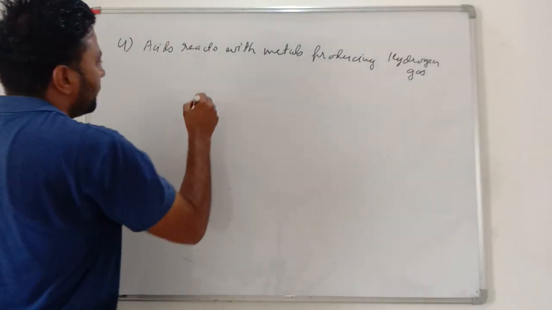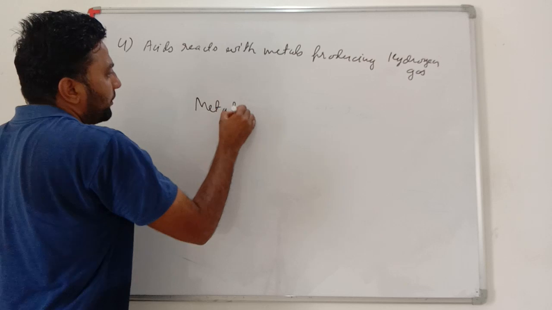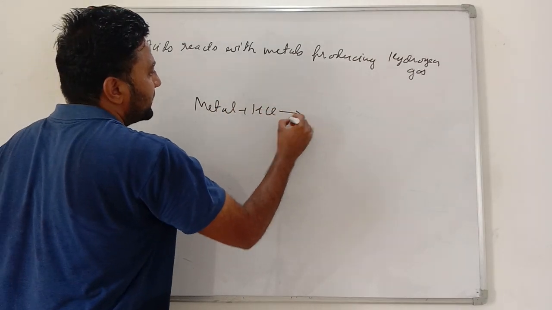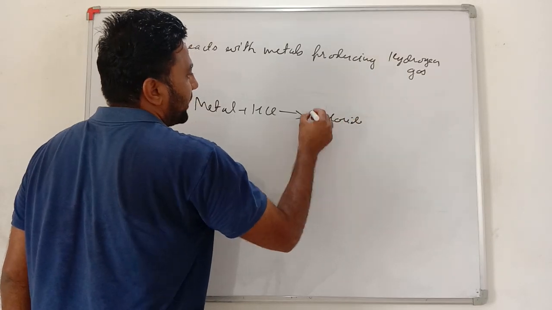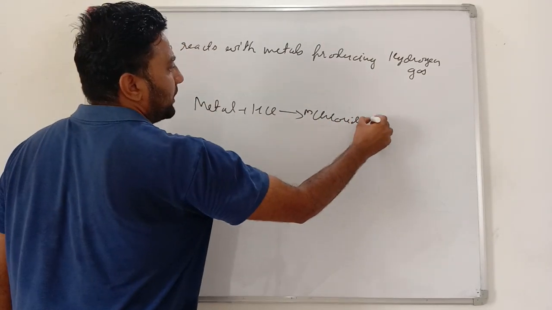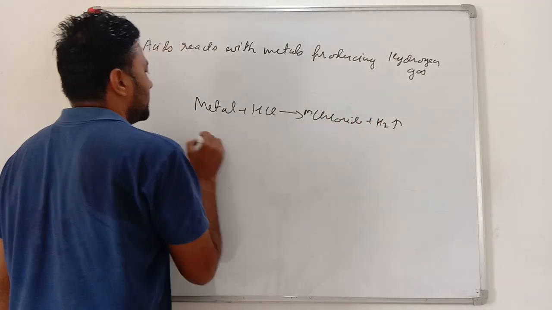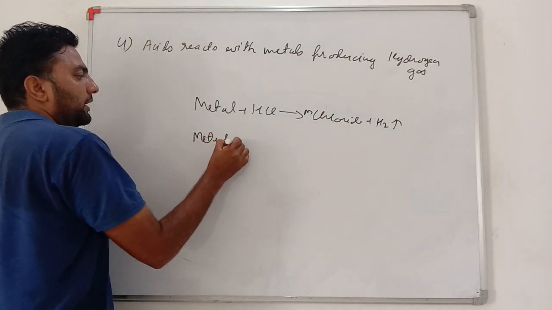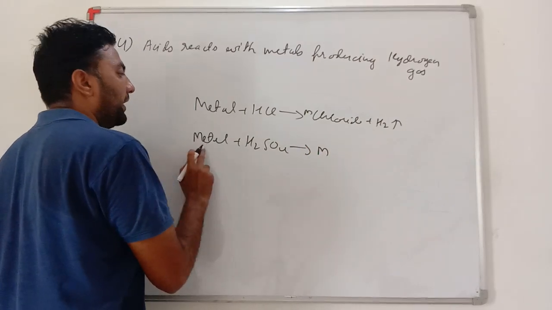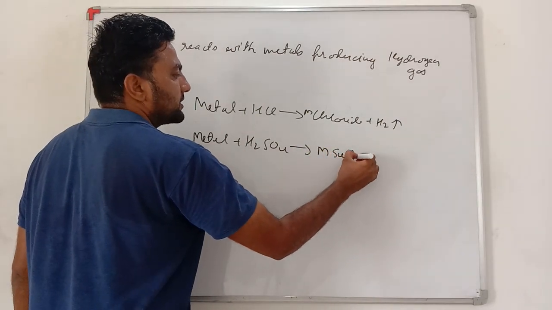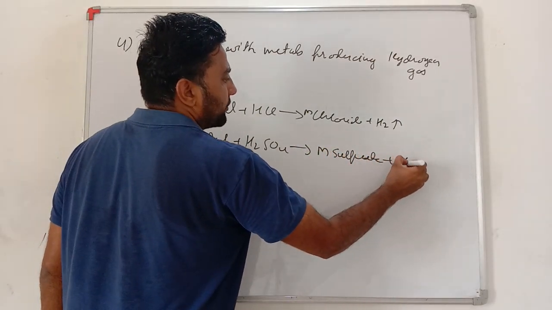If metal plus hydrochloric acid reacts, then we get the chloride salt of this metal plus hydrogen gas. And if metal plus sulfuric acid reacts, then we get the metal sulfate, that is a salt, and hydrogen gas.